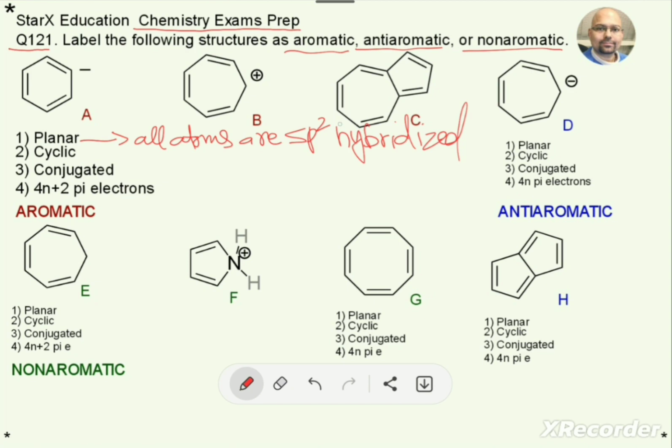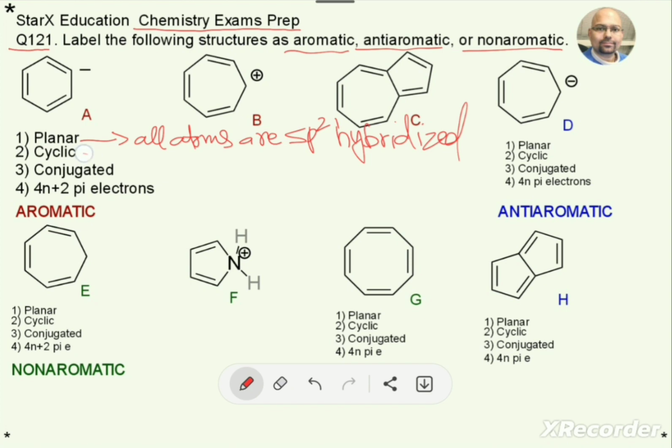We know that the geometry of sp2 hybridized carbons or other heteroatoms like nitrogen, oxygen, sulfur, etc., is planar, and sp3 hybridization causes the geometry to be tetrahedral. So the first condition is met when all atoms in the cycle are sp2 hybridized.